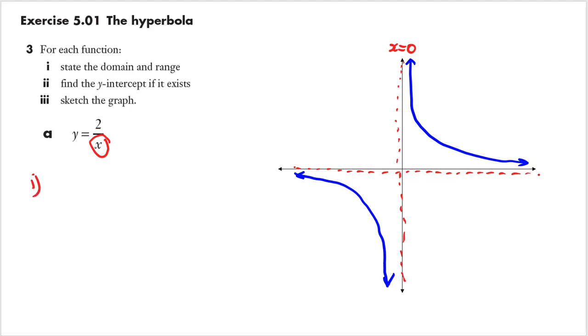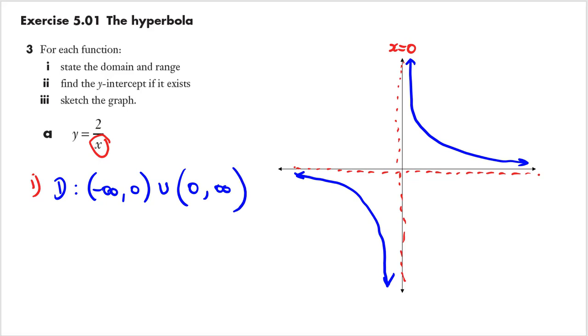Anyway, for this one, based off this graph here, our domain, so all our x values, we can do any x value except x equals 0. So we're going to go from negative infinity up to 0, not including 0, so we'd use the curly brackets, then the union symbol, 0 to positive infinity.